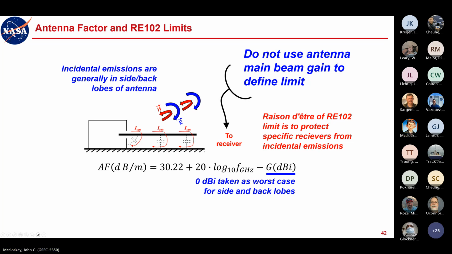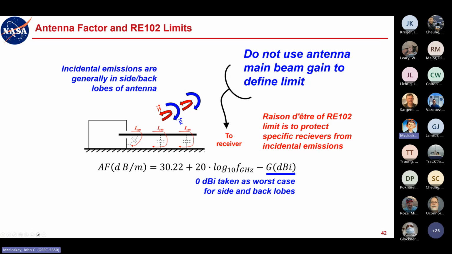If you're using some higher gain, I'll use a specific example without mentioning any names. There's one program I was supporting where the antenna in question was a dish antenna, a high gain antenna, and its gain was, I believe, at least 30 dBi. We'll just use 30 dBi.